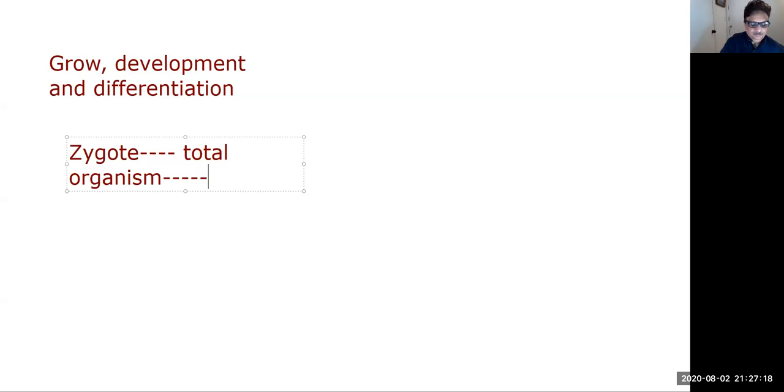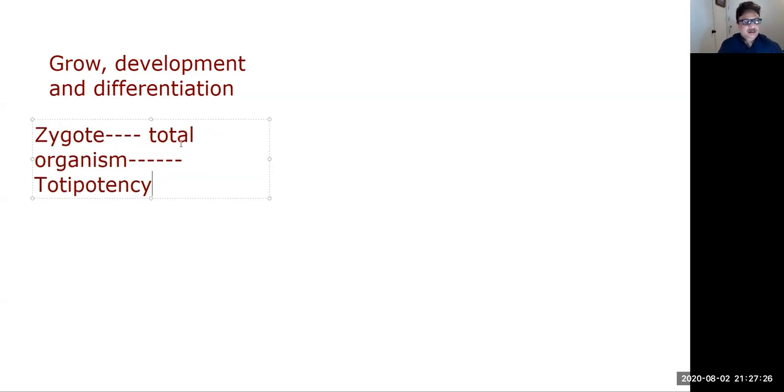So this potential is called as totipotency. So when a cell has the ability to develop into a whole organism, that cell is called a totipotent cell. So what does potency mean? Potency means the potential to grow. Toti means total. So zygote is a totipotent cell.